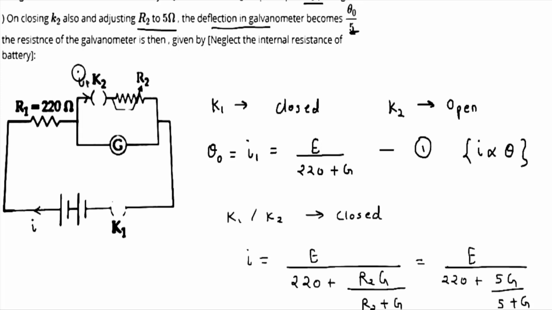To avoid confusion, as we have already used I1 over here, we will write it as I1 dash and let's say I2. So when I2 current is passing through G, the galvanometer will show theta naught by 5 deflection. So we need to first calculate the value of I2.